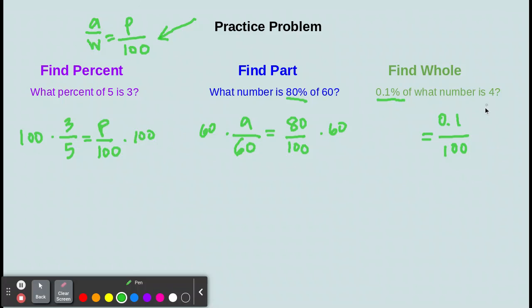And the number 4 is our part, and we're looking for the whole, right? So on this one, we can use our knowledge of the cross product, and it becomes 100 times 4 equals 0.1 times W, and we solve for W.